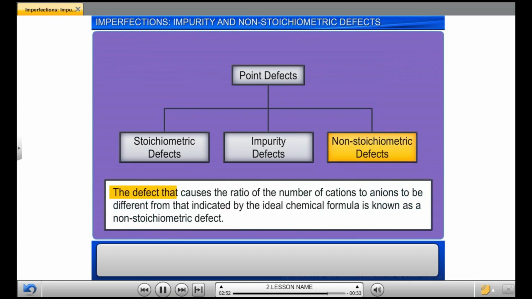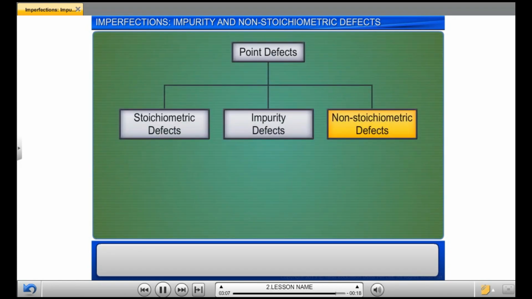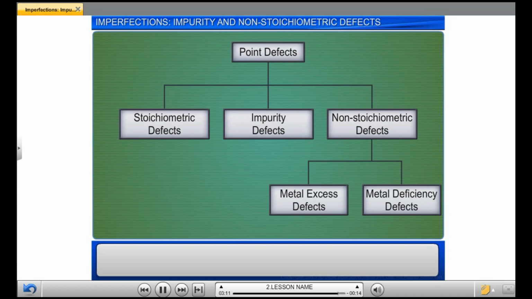The defect that causes the ratio of the number of cations to anions to be different from that indicated by the ideal chemical formula is known as a non-stoichiometric defect. Non-stoichiometric defects are of two types, metal excess defects and metal deficiency defects.